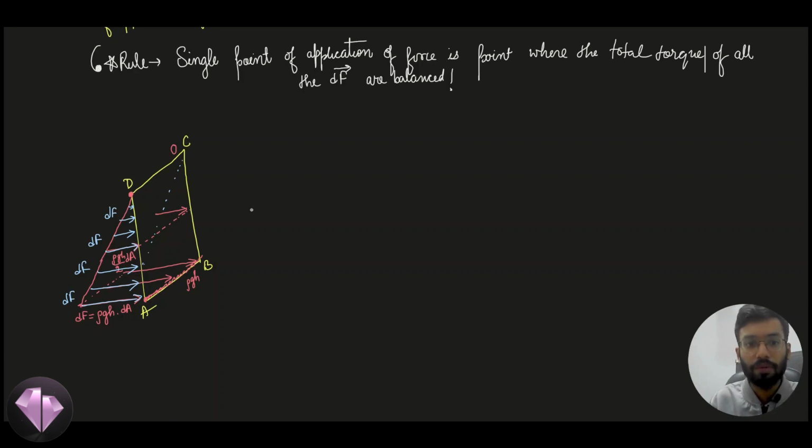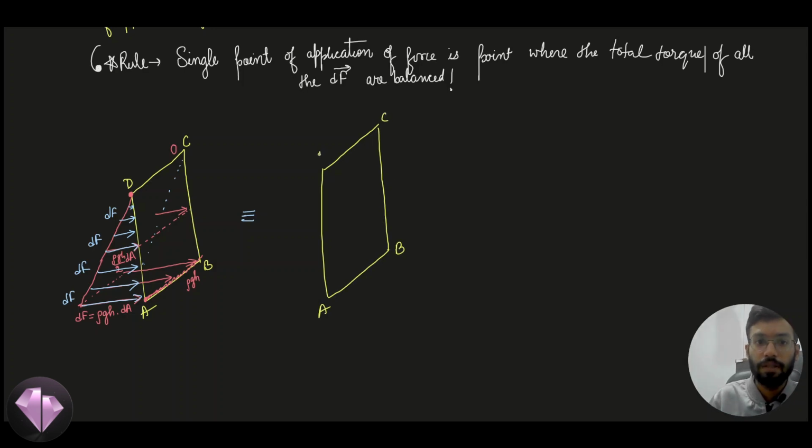So what I'm trying to do, this entire diagram would be equivalent to this diagram. So this is my surface ABCD. Okay, let me make it better. So this is my surface ABCD. A, B, C, D. From above, let's say at some point R, a net force, this is my F net perpendicular.